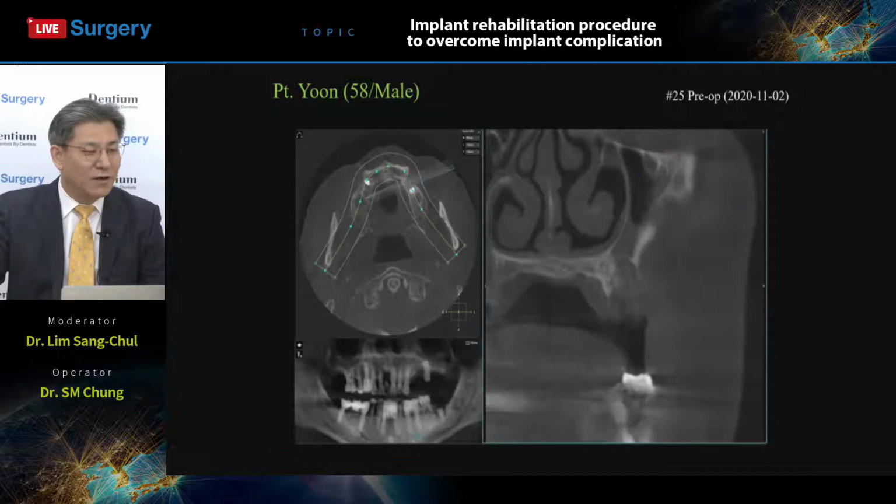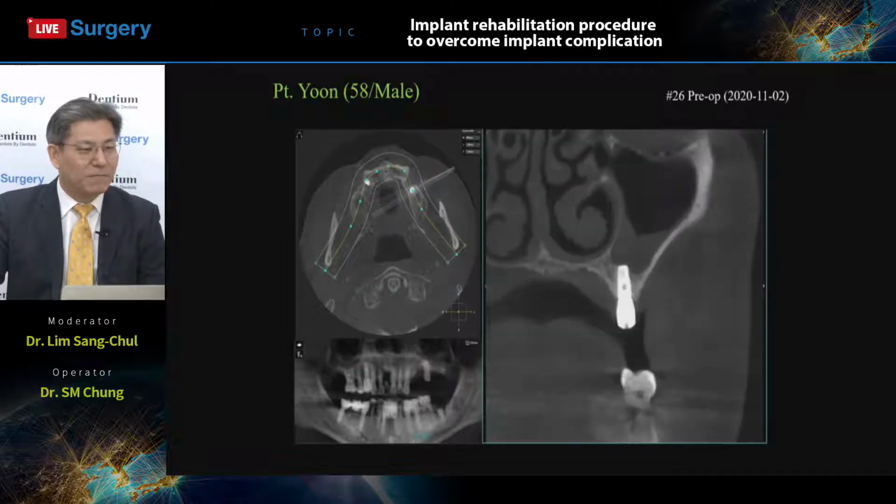Number 25 has this big defect, which is called a bump crater, a big bone defect. This kind of defect is very difficult to treat and handle, so it needs a big GBR procedure with flap management.